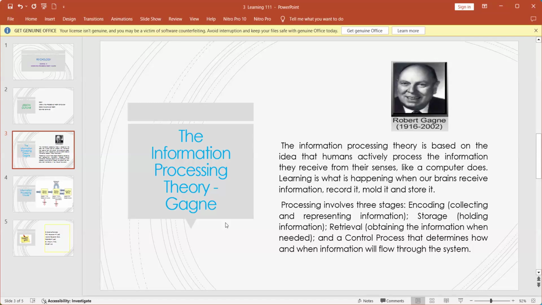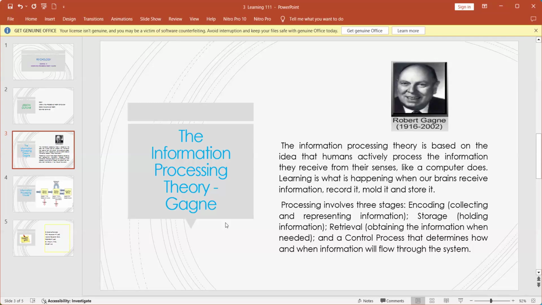The computer is fed with information, and it is stored in the computer and processed. So humans actively process the information they receive from their sensory organs. We receive information and actively process it and store it in the long-term memory to be retrieved. So that process is compared to a computer by Robert Gagné.